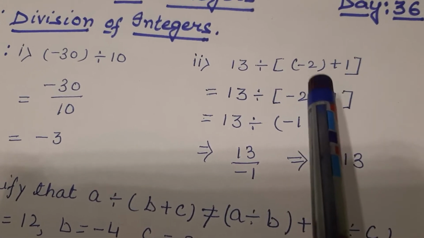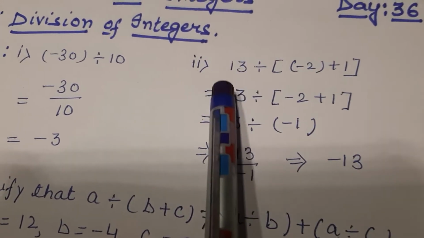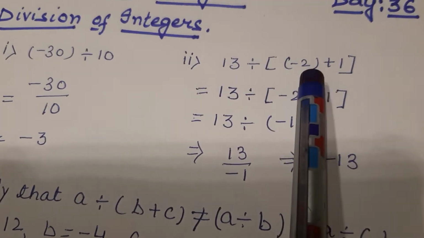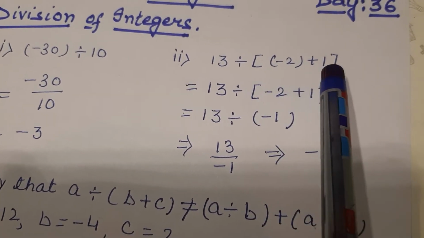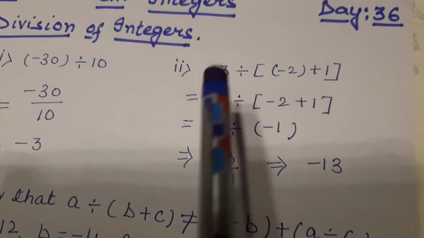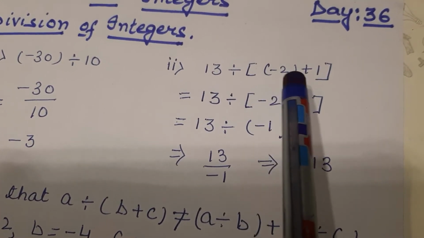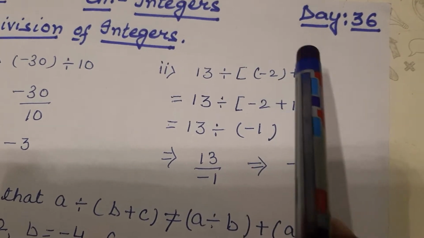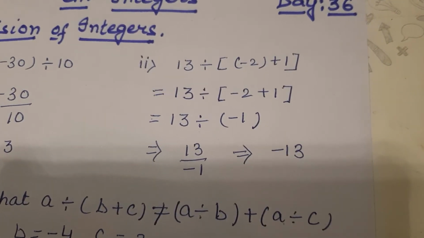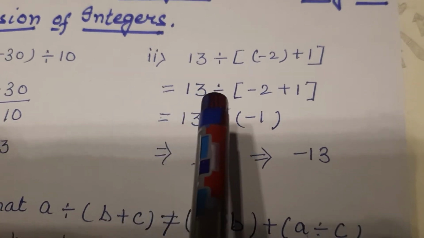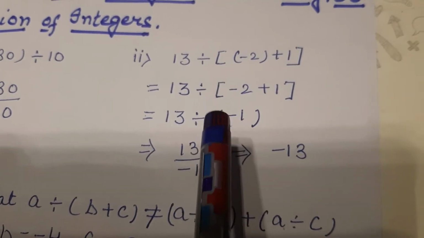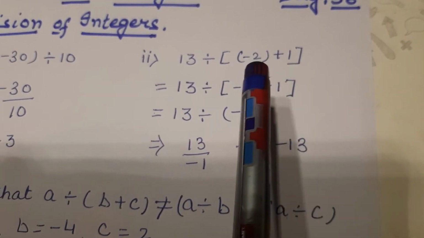Next, if your sum is like this, you know BODMAS, first the bracket will be solved. So 13 divided by, in square bracket, in small bracket minus 2 plus 1, square bracket closed. Now 13 as it is, division sign. First we will solve this bracket.